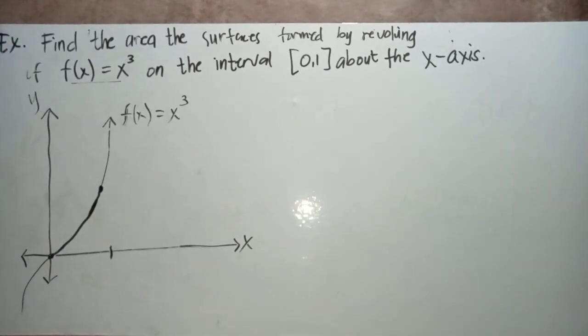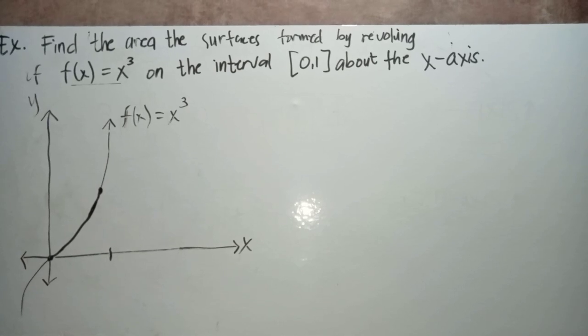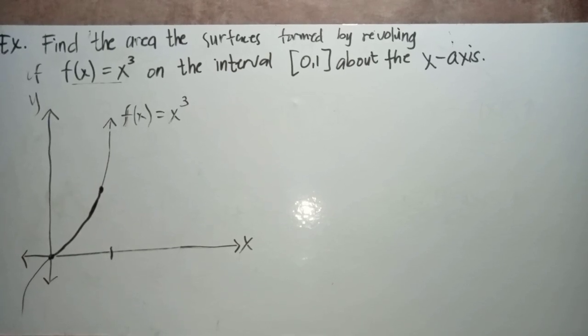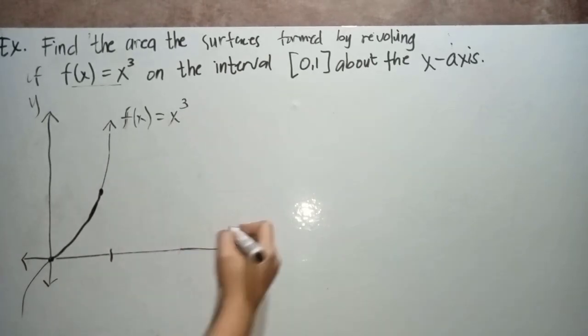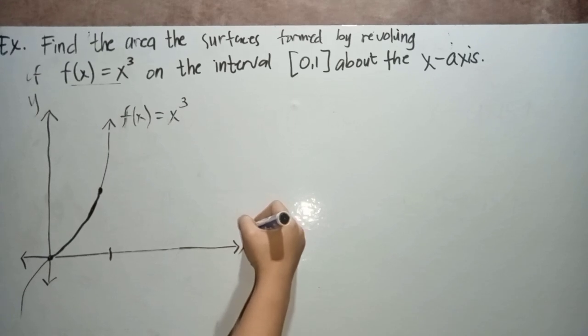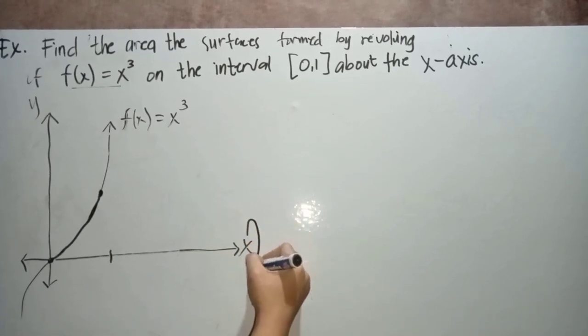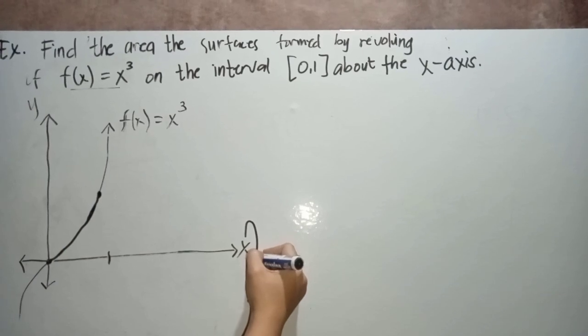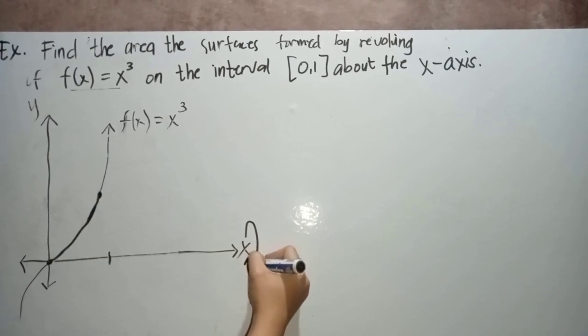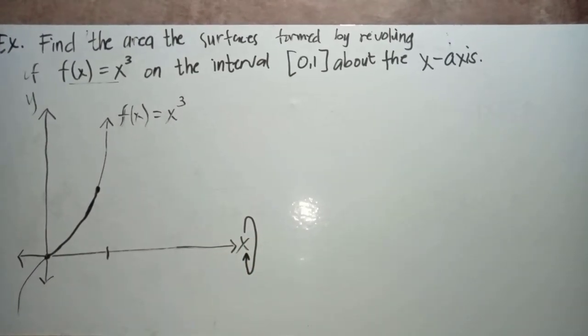And so this curve right here is the curve that we're going to be revolving around the x-axis to form a surface of revolution. And so I'll just label that with an arrow so that we remember what axis we are revolving around.